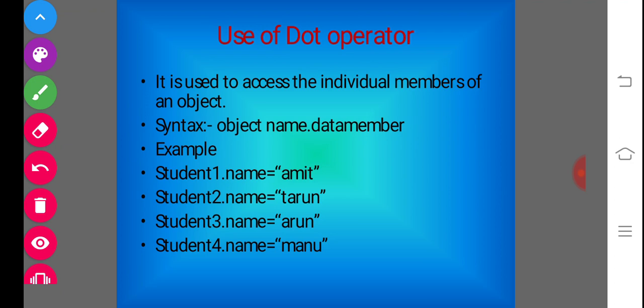How will all these four objects access that data member? By using the dot operator. I'm writing student1 dot name and it is initialized with Amit, student2 dot name is initialized with Tarun, in the same way student3 dot name is Arun and student4 dot name is equal to Manu.